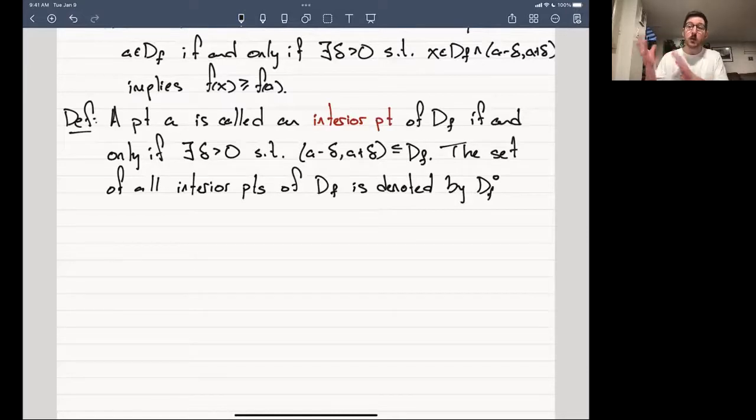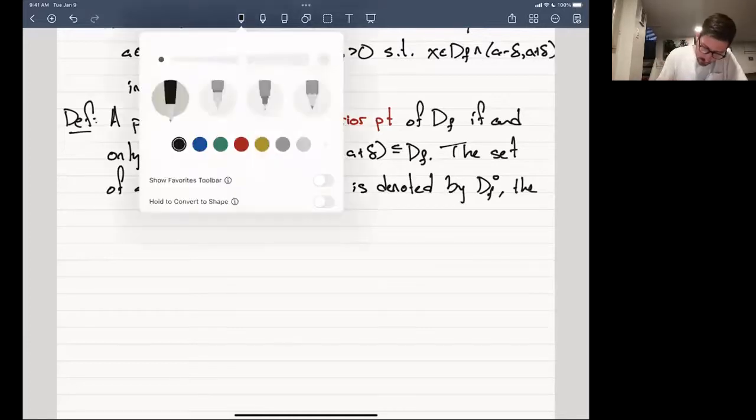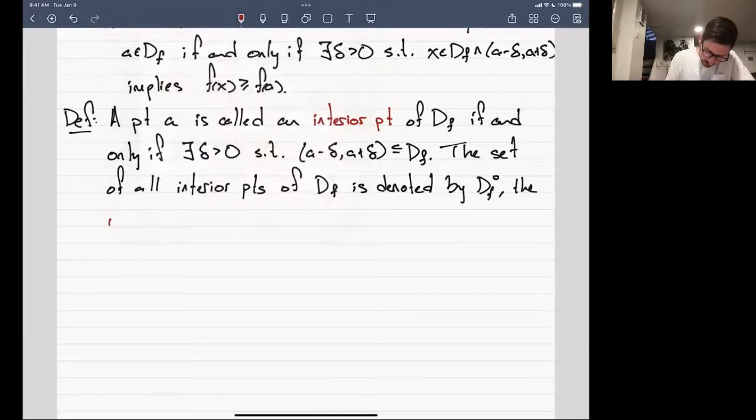This is more of a topological definition, and so we're not going to delve too deep into this. I just want you to know what it means to be an interior point. And we call this the interior of D of f. Okay, so with this, the collection of all interior points is called the interior.